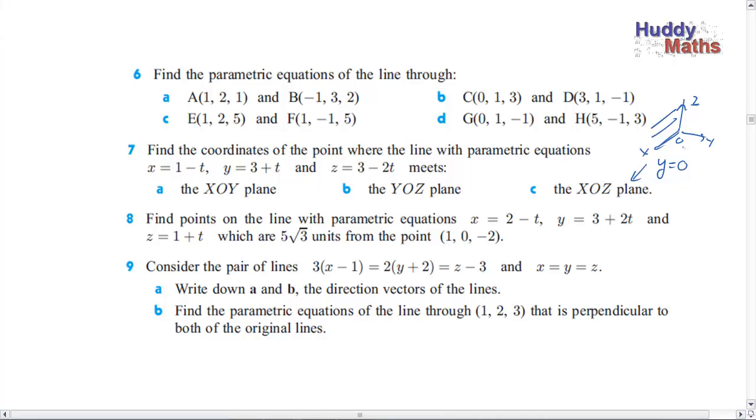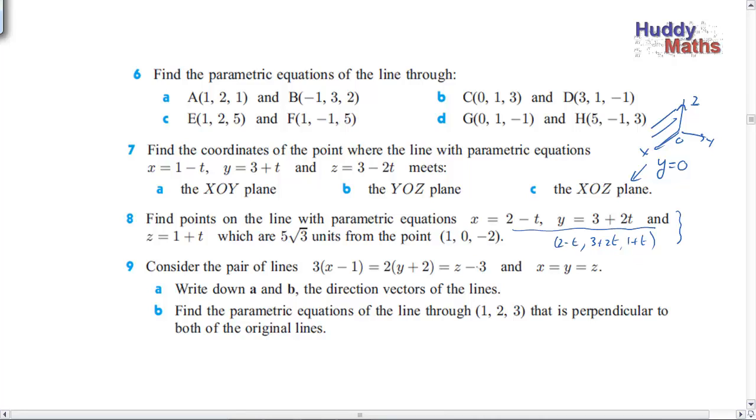Now find points on the line with these parametric equations which are 5√3 units from the point 1, 0, neg 2. To do that, you'll consider the point on the line as 2 take t, 3 plus 2t, and 1 plus t.